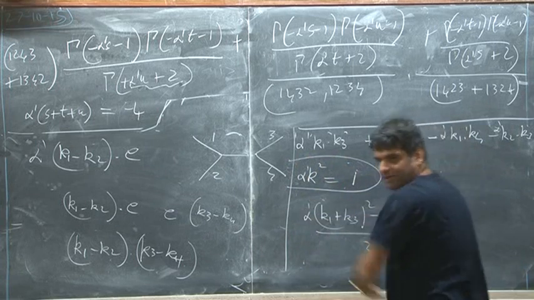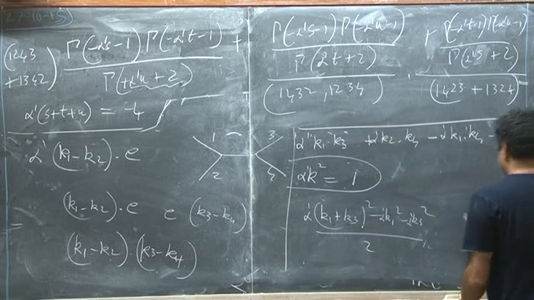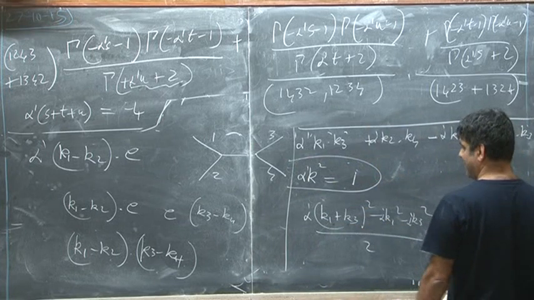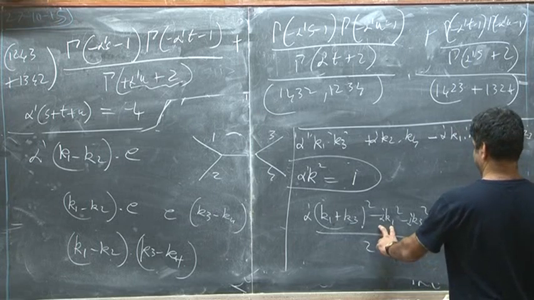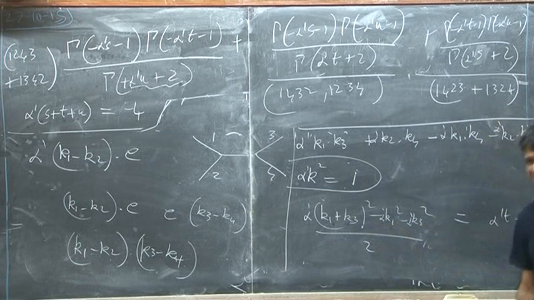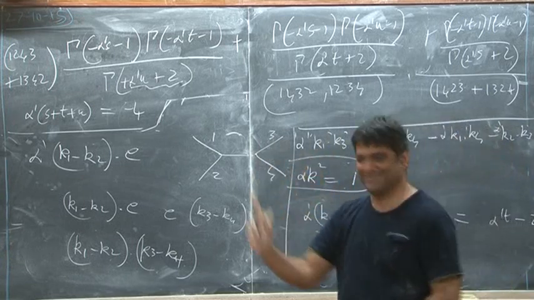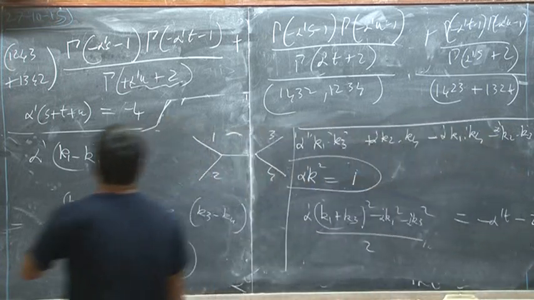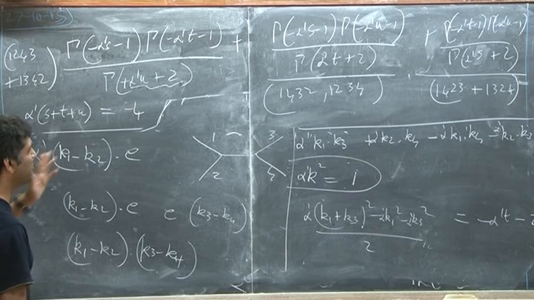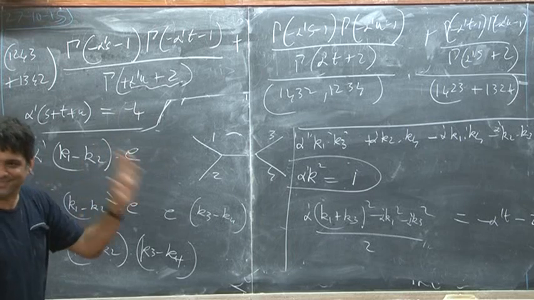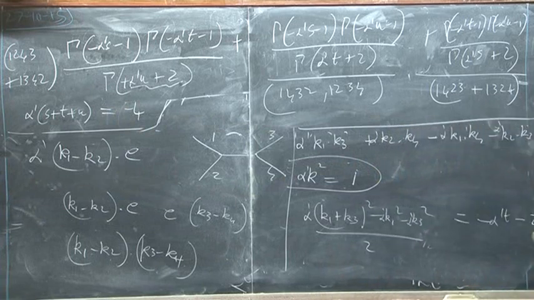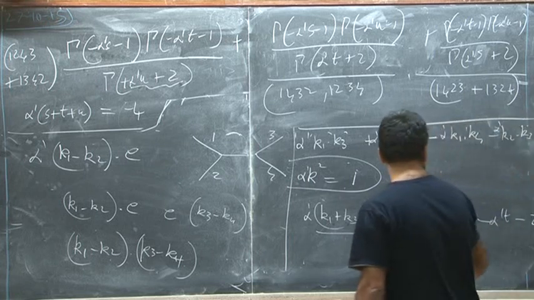And then there's an overall alpha prime. So this object is what? This is alpha prime t minus 2. That is good. Or was this minus alpha prime t? So that of course. Because K1 plus K2 squared is minus. Minus alpha prime t minus 2, that's looking better, right? What was our pole? It was minus alpha prime t minus 2, right? Alright. This divided by 2.